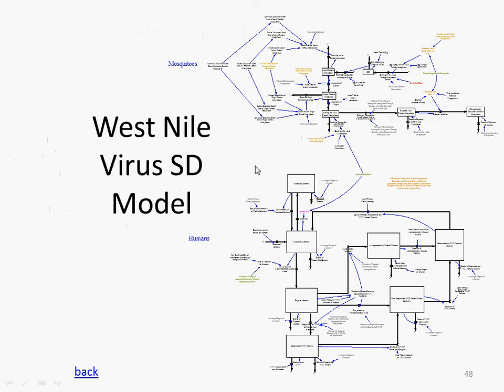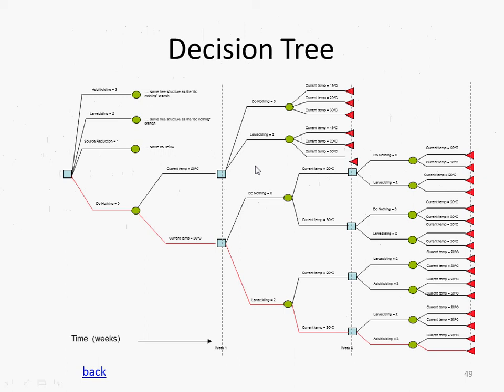So here's the large parts of the West Nile system dynamics model, and here's a decision tree. This decision tree in general, for a realistic application here, would be much larger. We'd have many additional weeks because we're dealing with the span of a summer. But we have a set of decisions which would involve a similar set of possible choices for different points in time.